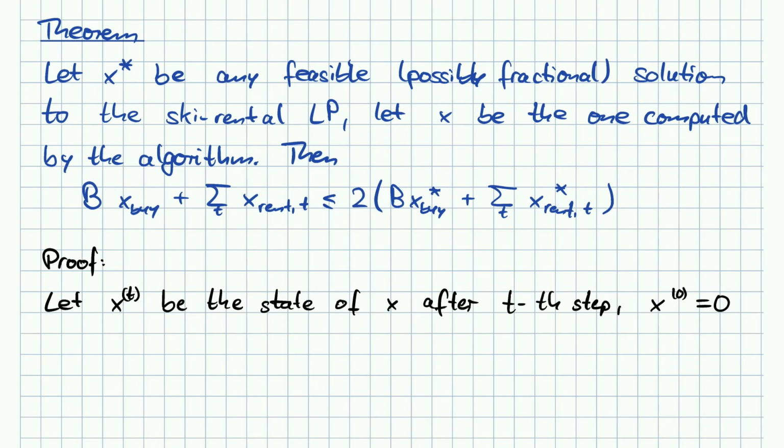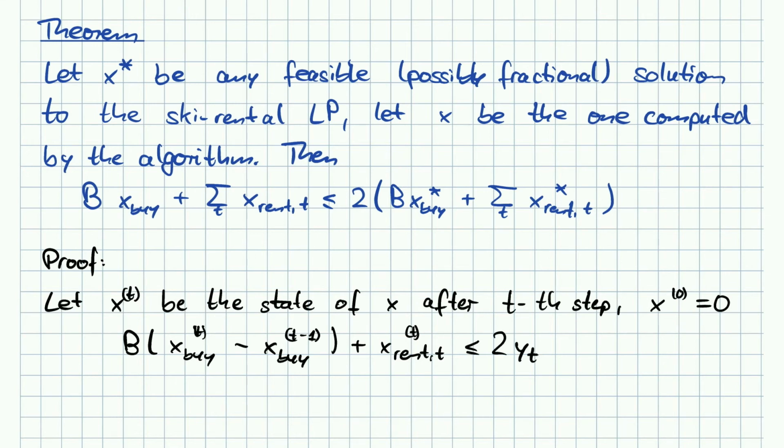We have that b times x buy t minus x buy t minus 1 plus x rent t is at most 2 times yt.